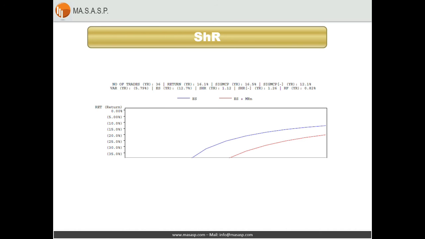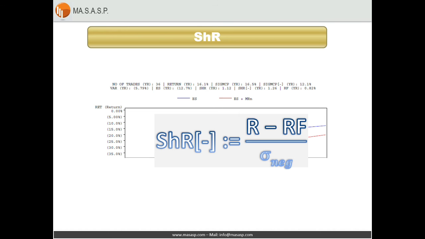Here it comes to this refinement. We similarly denote with the symbol minus within brackets the Sharpe ratio based on the negative volatility. The risk scorecards reports both the regular Sharpe ratio and the refined one.